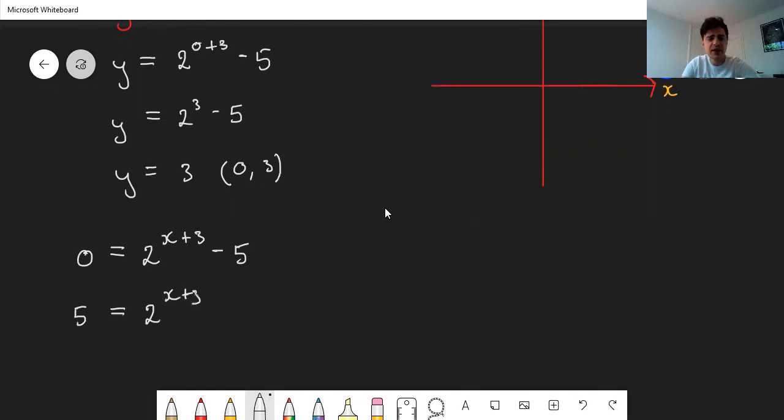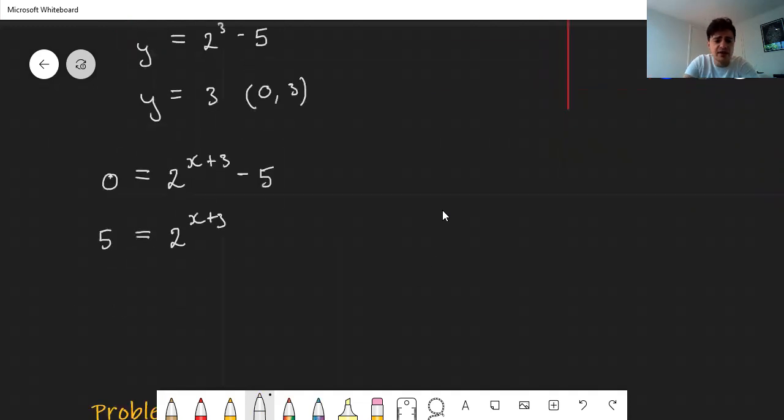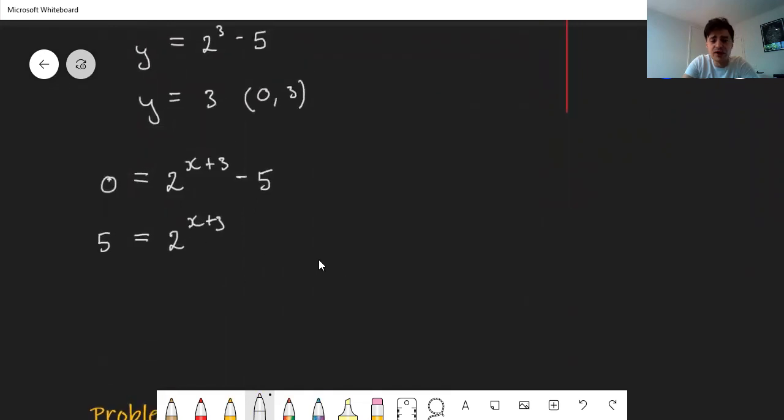And I hope that we can see now that we're trying to solve for this x, which is in the power. We need to rearrange using logarithms to get that x out. The base number is 2. So log to the base of 2 of 5 is equal to x plus 3, which is the power. The log is always equal to the power.